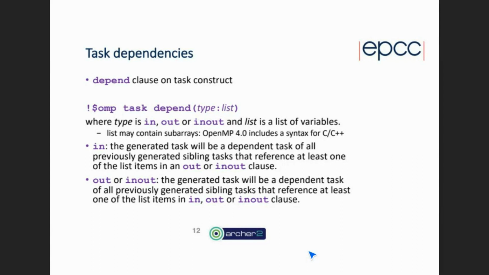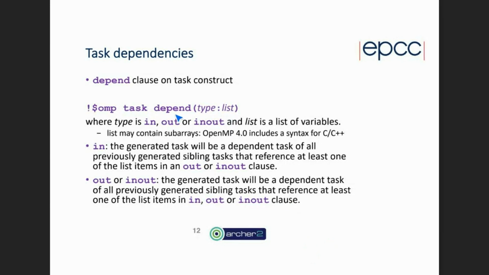But that's not always true. There are cases where you want to be able to specify some orderings between tasks, and there are cases where using taskwait isn't convenient or isn't the right thing. So you can do that with this depend clause.